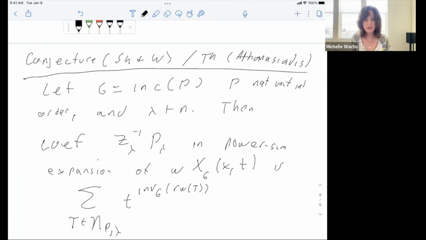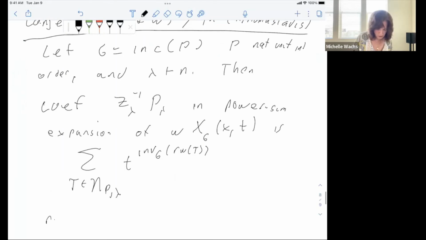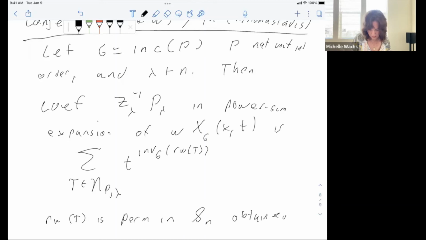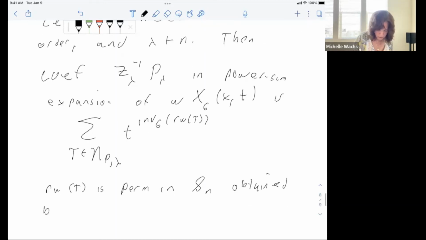So this is really a statement about these permutations that you partition according to lambda. And so row word of t is that permutation. Row word is the permutation in Sn obtained by reading t in row order.